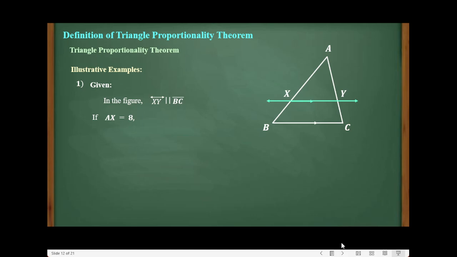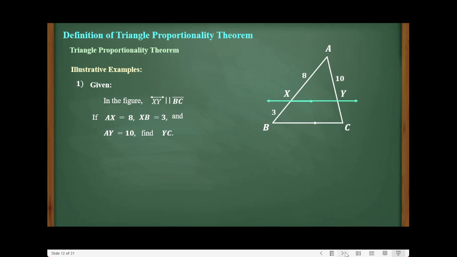Now suppose the length of segment AX is given as 8 and the length of segment XB is given as 3. The length of segment AY is given as 10, and we're going to find the length of segment YC.